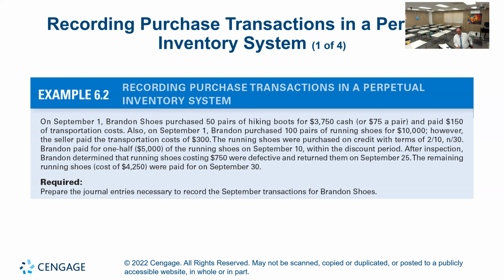Okay, so it gave us a lot of information there. So it's always important to go in and identify what we have first and break down the information, because there are actually, in this one problem, what I wrote down here, we have the purchase, the transportation, another purchase, a payment, something getting returned, and something paid.